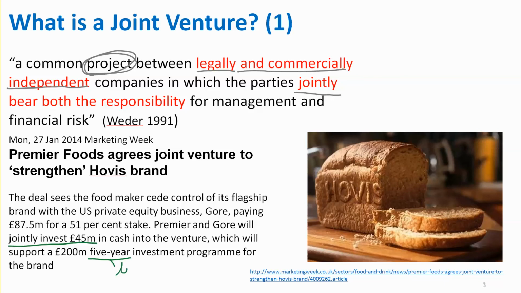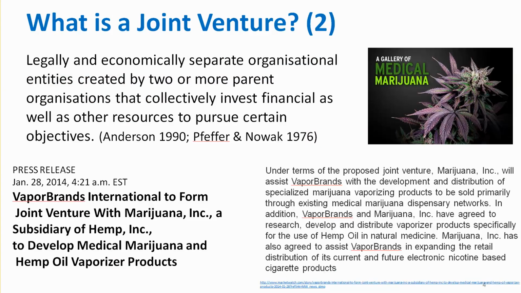So the idea is there is a limit to the joint venture. It's not something that's open-ended. So let's have another look at what a joint venture might look like. Again, just pause to read this definition.